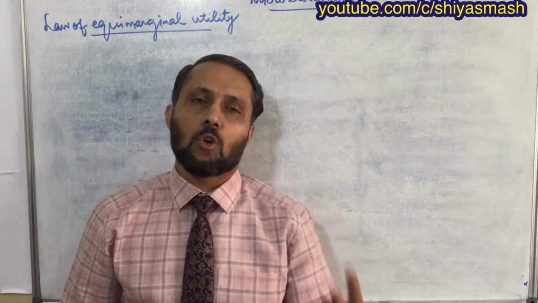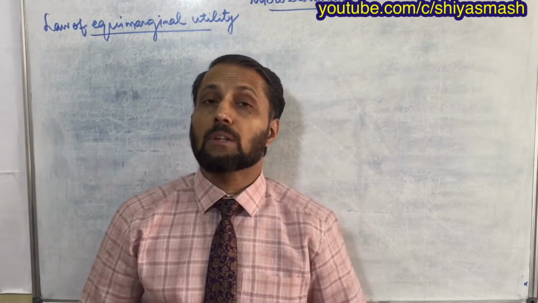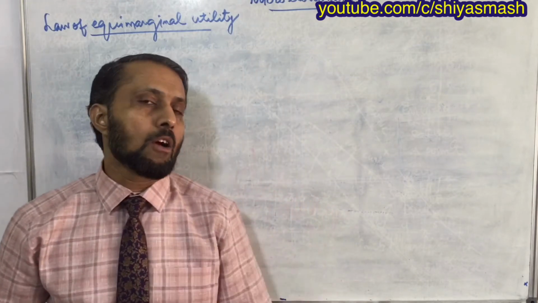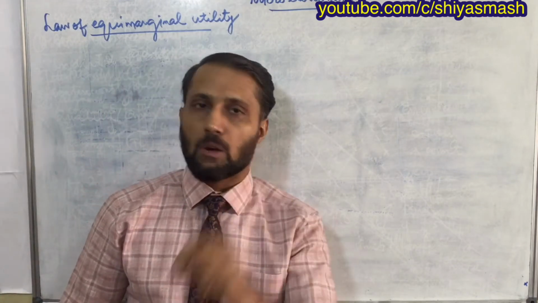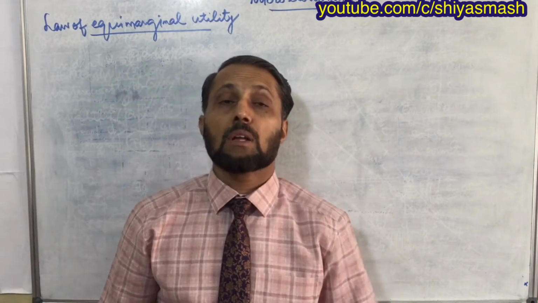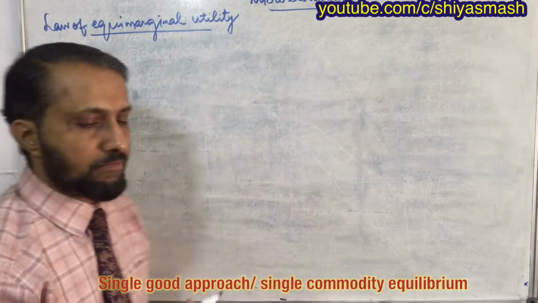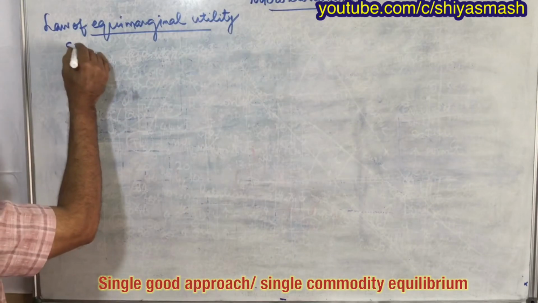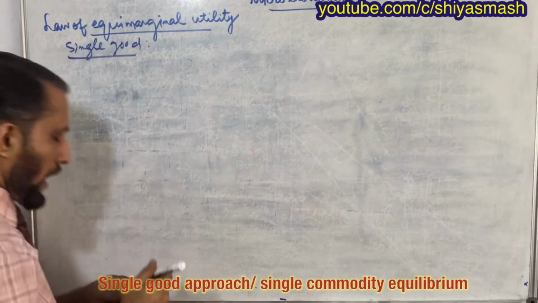Second case: the consumer spends the amount on buying two goods in the market, not only one good. That is the two good approach and two good equilibrium. Today let's study consumer's equilibrium with the single commodity equilibrium, the single good approach.